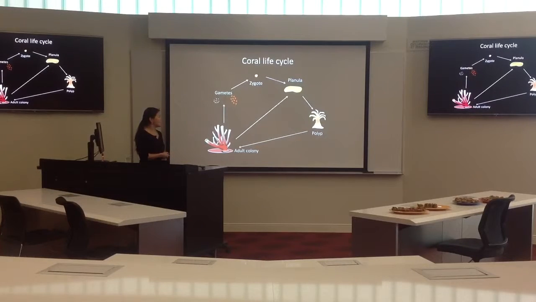And this requires internal fertilization, and when they release the larvae, they are fully developed larvae at this point. And so the larva then further develops into a polyp through settlement and metamorphosis. So this is the process that I'm interested in here. And then finally, the polyp grows back into an adult over time.